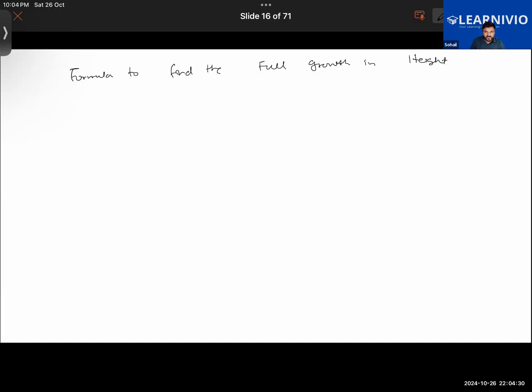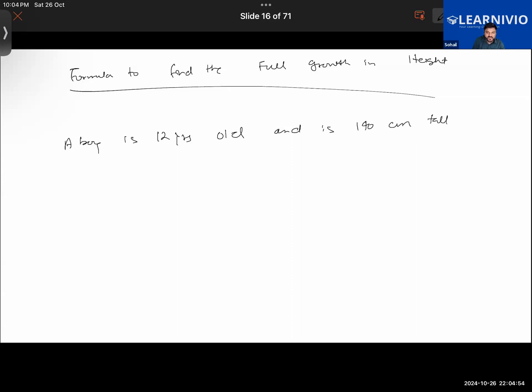Suppose right now a person measures a certain height in centimeters. Let's suppose there's a boy. A boy is 12 years old, and is 140 centimeter tall.